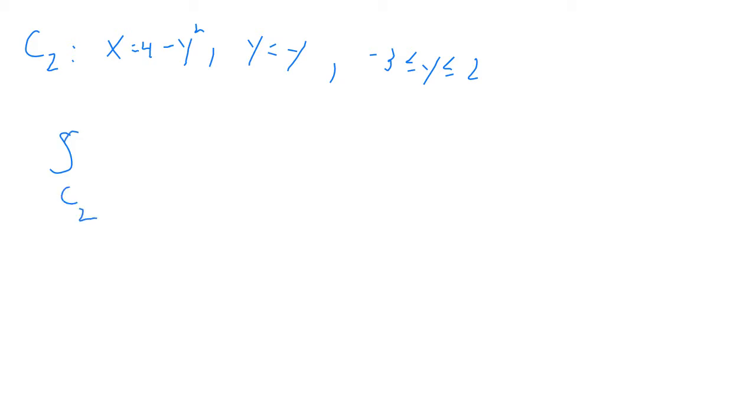So x equals 4 minus y squared, y equals y. This is for curve C2 in figure 7 from example 4. Now, the line integral here.